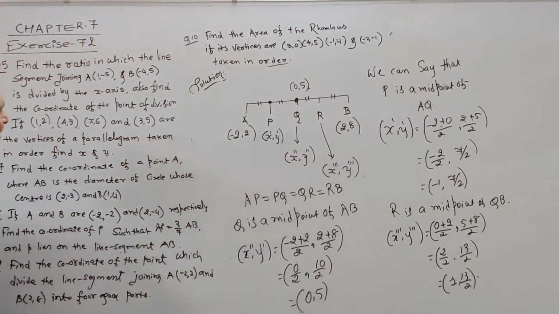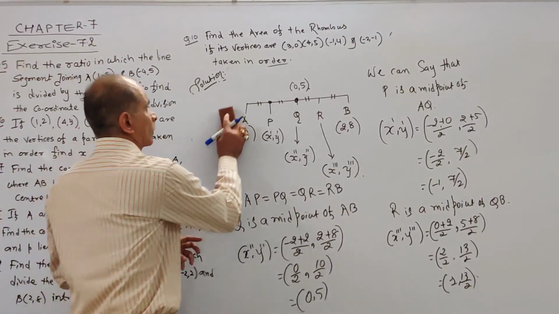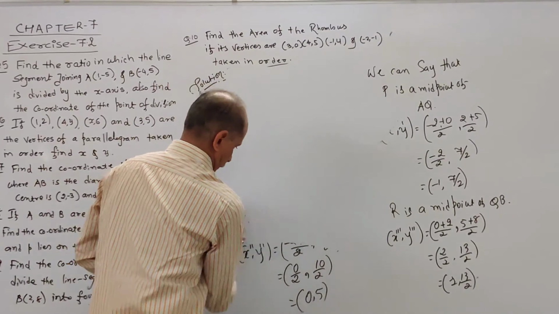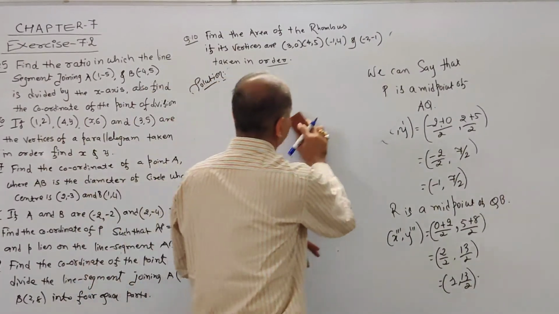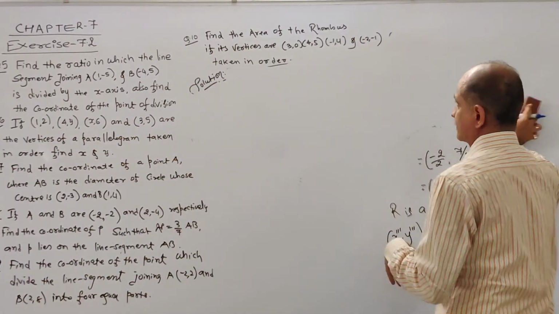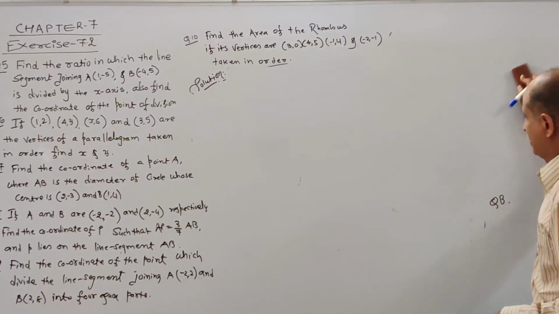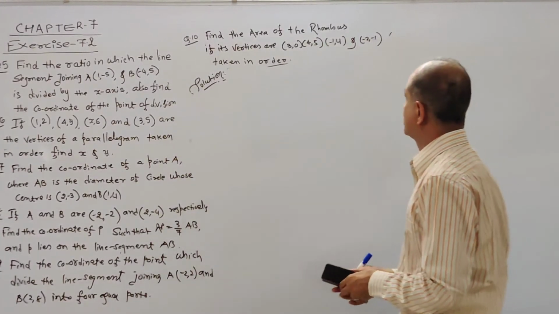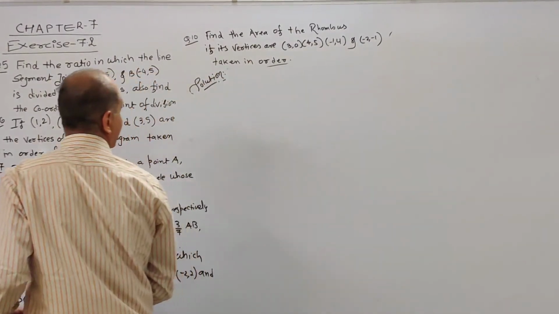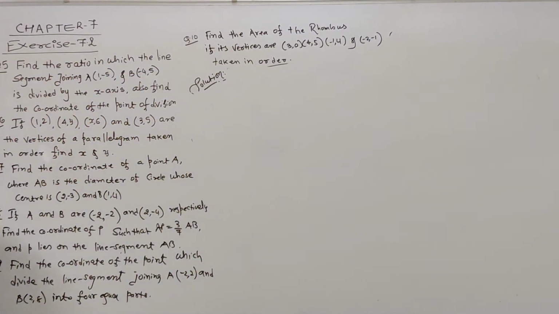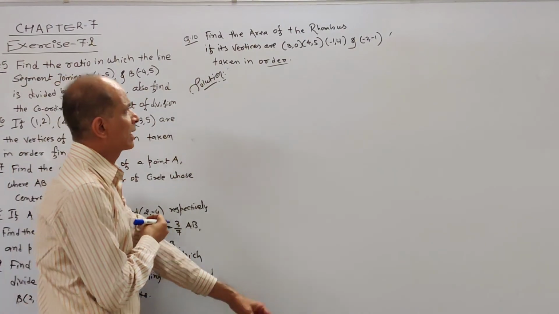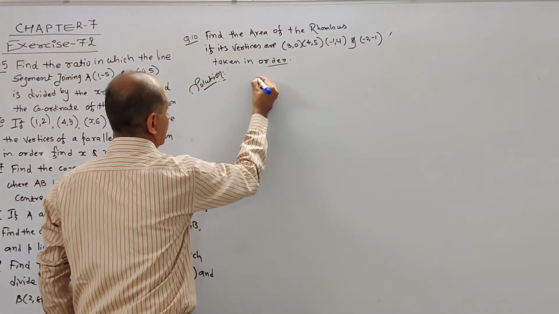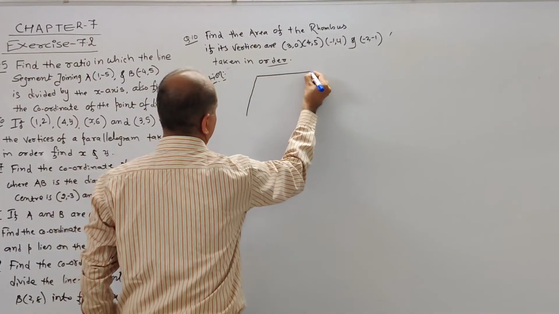Well, now last example number 10. Find the area of the rhombus if its vertices are given to you, that is (3, 0), (4, 5), (minus 1, 4) and (minus 2, minus 1). You know, a rhombus is given to you.